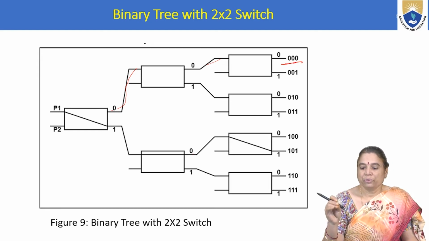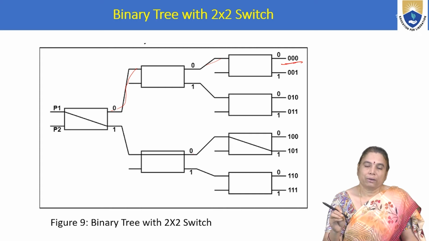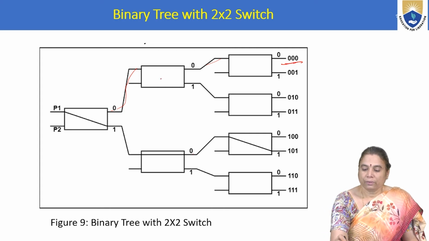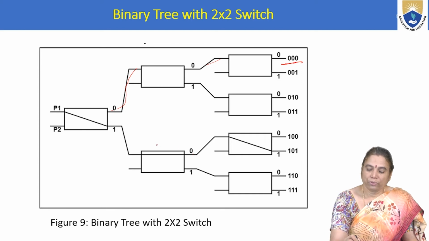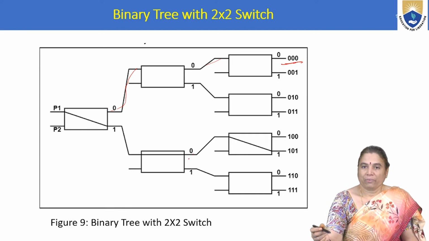So that CPU 0 can be selected as the communication path from processor 1 to the memory module. And if it follows this arbitration, it has to produce 0 1 0. So like that, the 2x2 switch can be used to provide the arbitration logic.